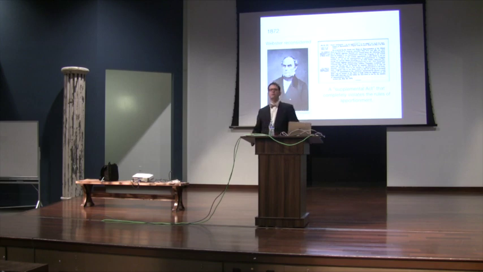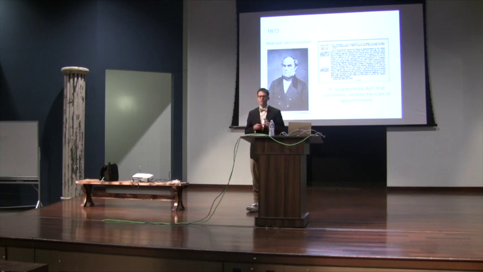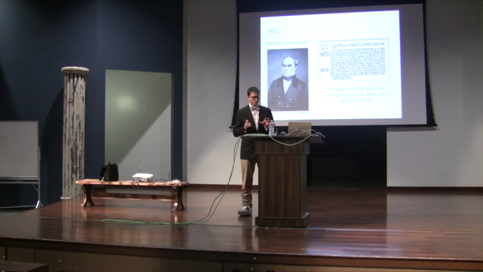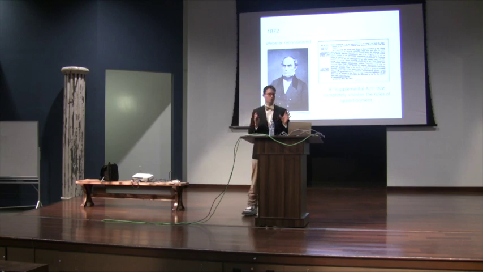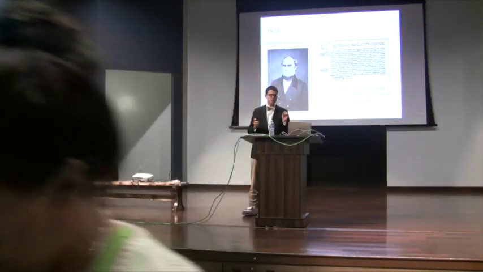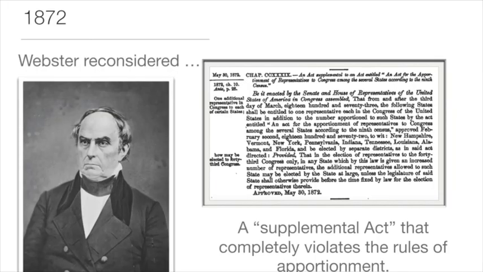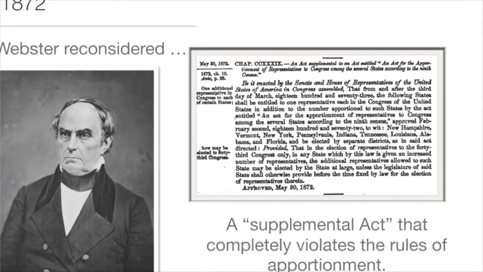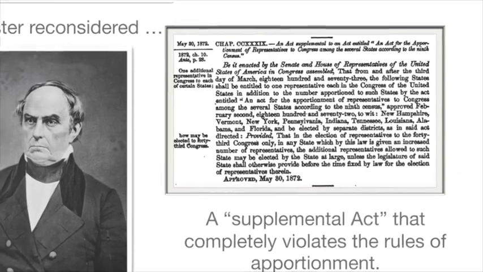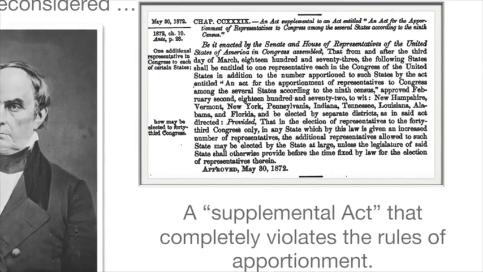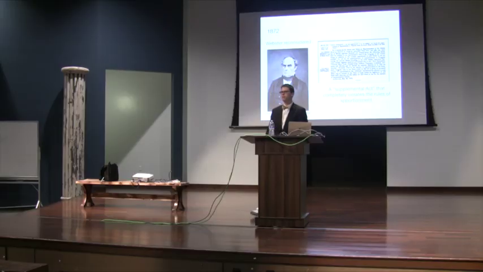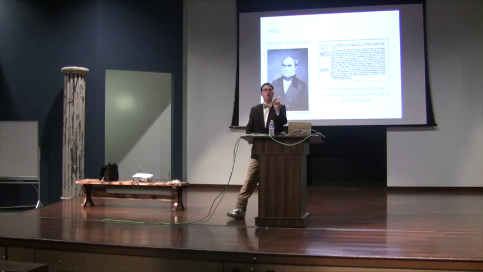Now, so far so good. That's pretty normal. Then something very unique happens. In a very bizarre move, a couple months later, Congress passes a Supplemental Act. And the Supplemental Act gives 9 additional representatives to various northern states. But it does so without any regard of population.